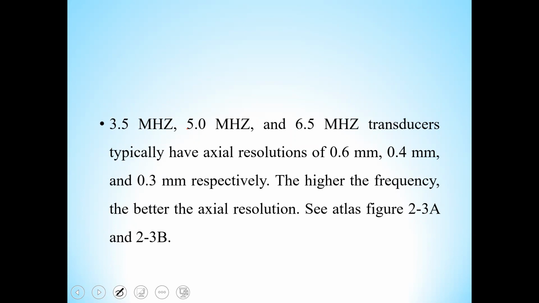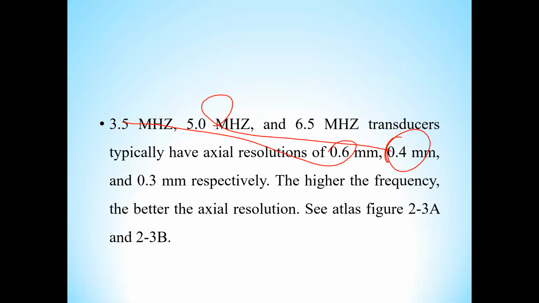Here, just for example, 3.5 megahertz, 5 megahertz, and 6.5 megahertz transducers typically have axial resolutions of 0.6, 0.4, and 0.3 millimeter, respectively. And you know that the better axial resolution will be the smallest one.